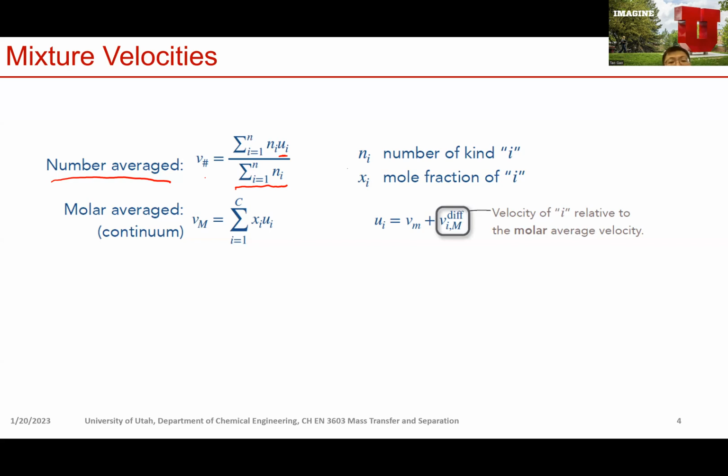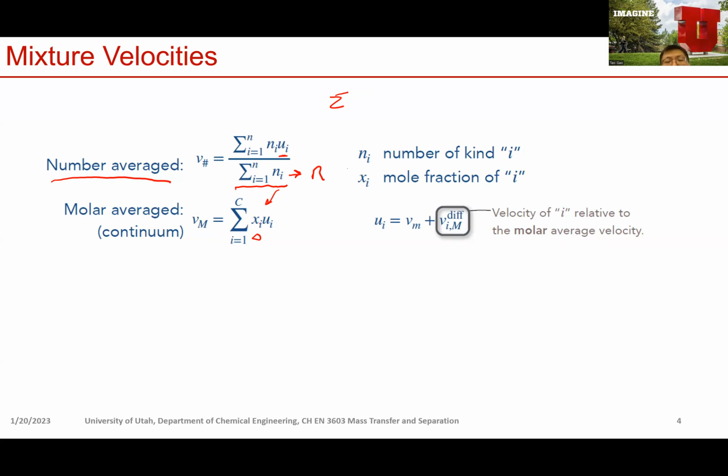At the continuum scale, this can be converted to this, where xi gives us the molar fraction of species i. Okay, so that tells us the molar averaged velocity.